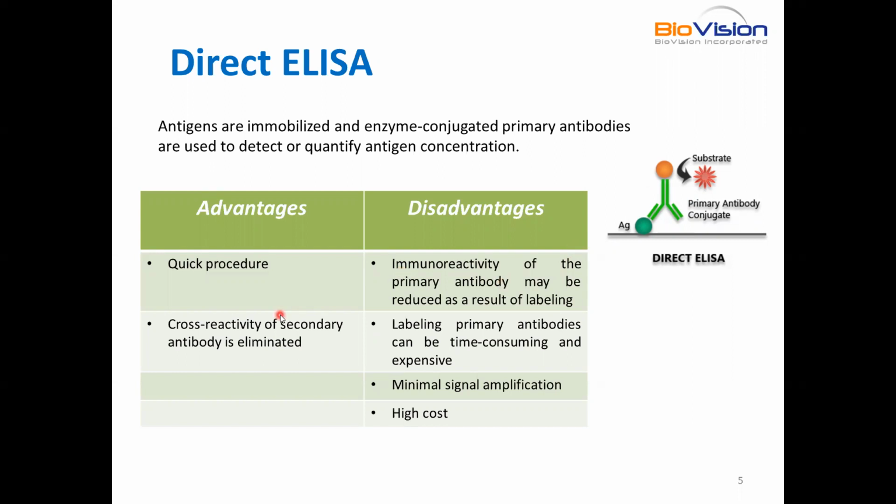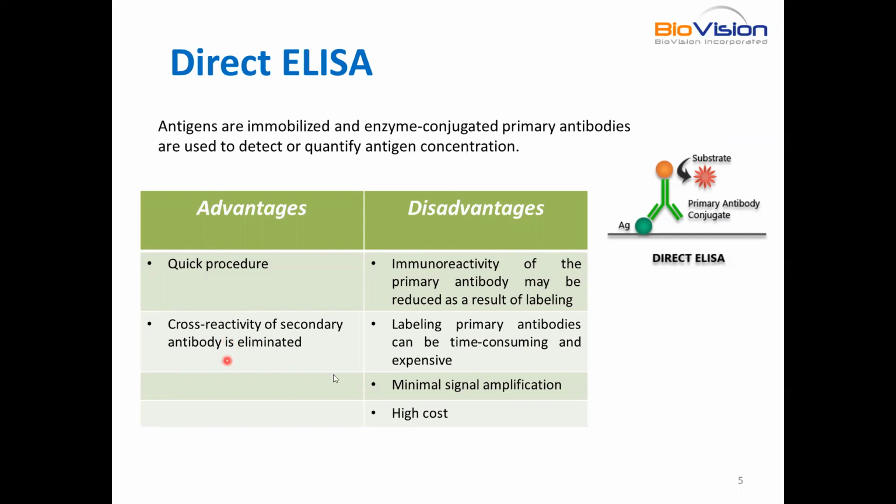Some of the advantages of this kind of ELISA are that it is a very quick procedure. Very few steps are involved, and the cross reactivity of the secondary antibody is avoided, as only one antibody is involved. So there are low chances of cross reactivity.